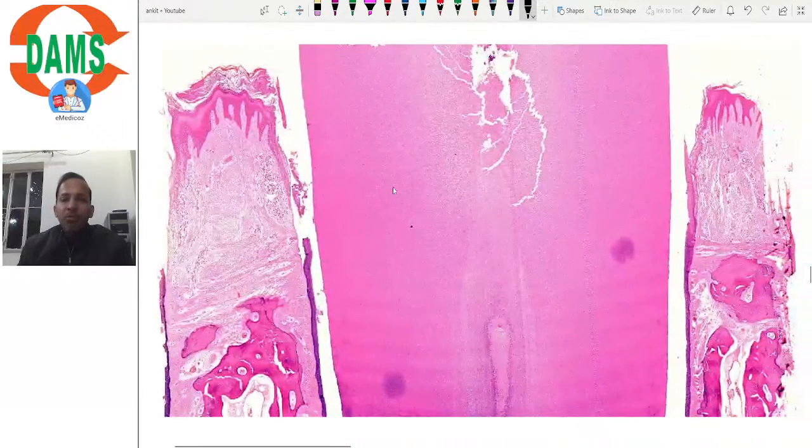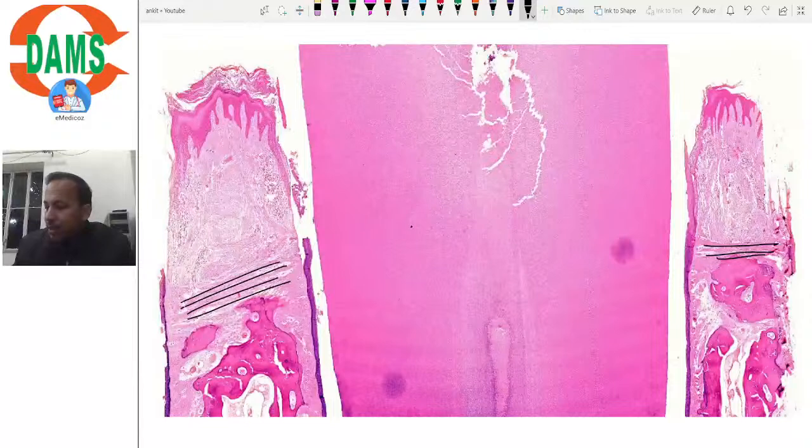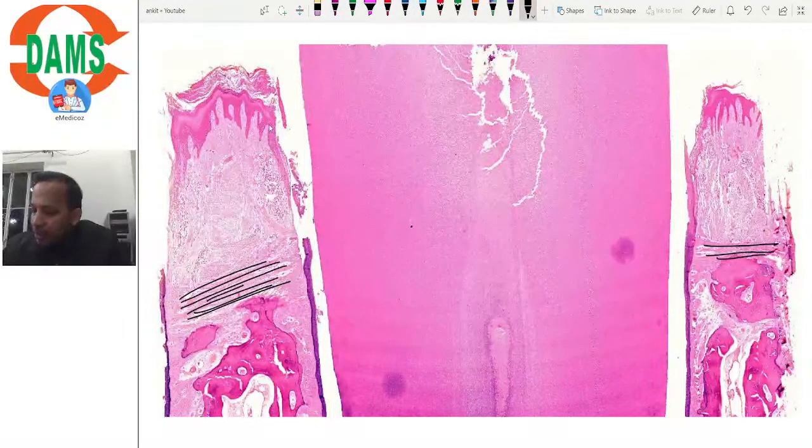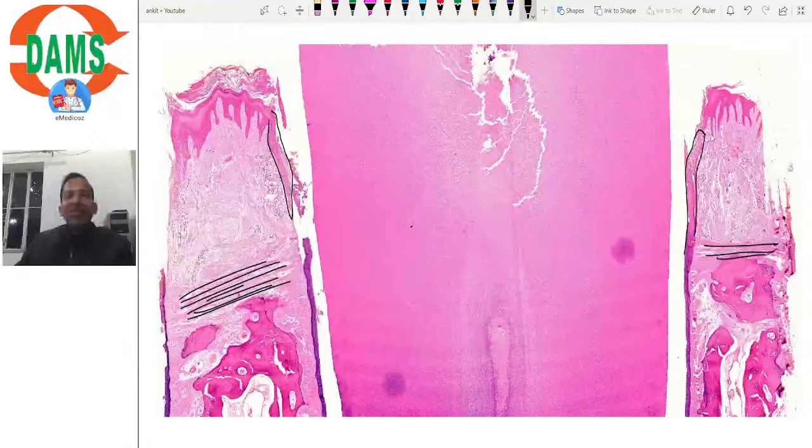Again, I have one more section just to show you the transseptal fibers. You can see there are transseptal fibers, plus here on this side you can see this epithelium which has no rete pegs. Similarly, on the right side also you have epithelium which has no rete pegs. So what is this epithelium without rete pegs? It is the junctional epithelium.